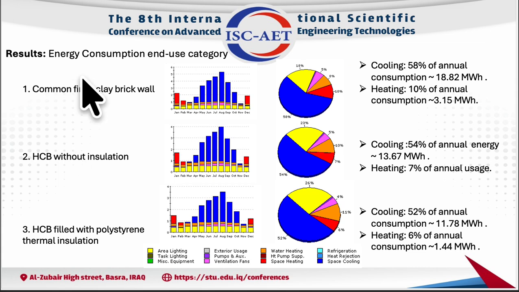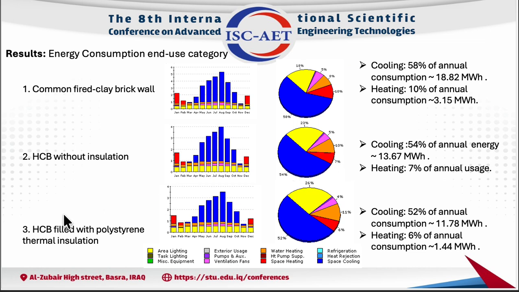And for the second case, the HCB without insulation, the cooling decreased to 54% instead of 58%, and the total consumption decreased to 13.67 megawatt hour. Also, the heating decreased to 7%.